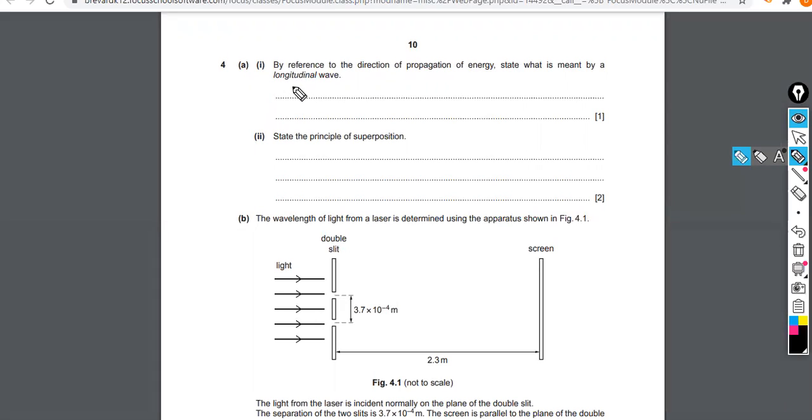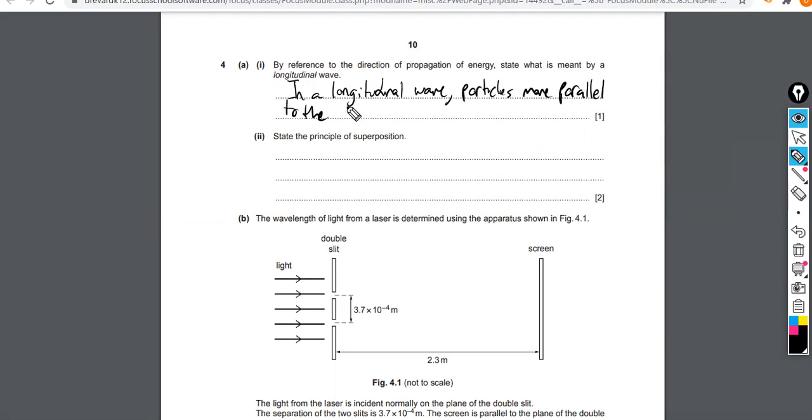So I'll say in a longitudinal wave, particles move parallel to the, and then use this language, they say the direction of propagation of energy.